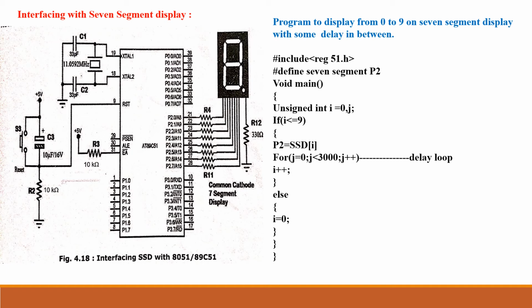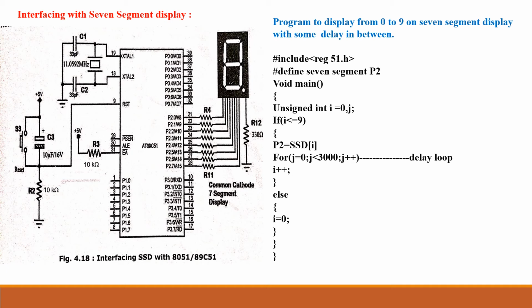Otherwise, take the value of I as 0 and display it on the 7-segment display. We can also write the same program for displaying the numbers from 9 to 0.